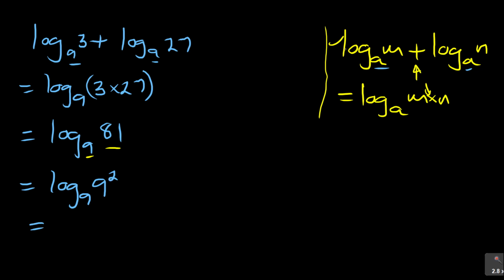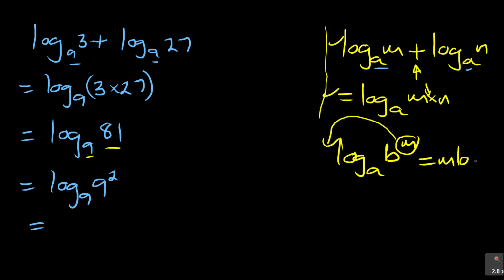So this was the first rule. Now the second rule, where they want to catch you, is this one, number 2: if you're given log in base a of b to the power m, it is equal to, look at this, the m, you drop it down so that you've got m log base a of b.